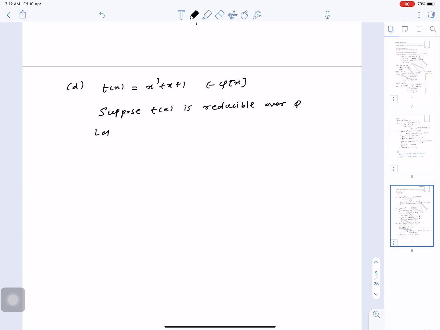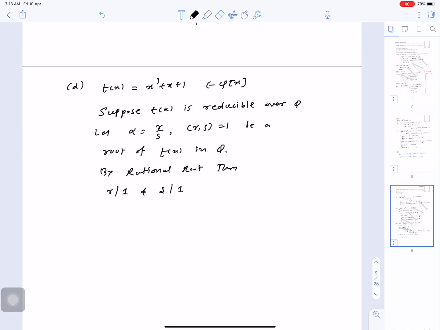So let alpha is equal to r by s, with GCD of r and s is 1, be a root of T(x) in Q. So by the rational root theorem, r divides the constant term 1 and s divides the leading coefficient 1.